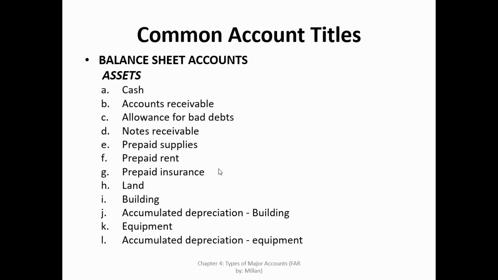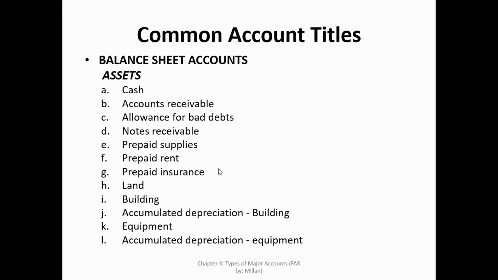Next is the accumulated depreciation building. So, it is the total amount of the depreciation expenses recognized since the building was acquired and made available for use. For example, nagpatayo ka ng building. Sabi mo, yung building na yon magagamit mo for 50 years, for example. So, during the first year, syempre may ibababa na siya ng value. For example, 10,000 ang binaba ng value niya sa first year.